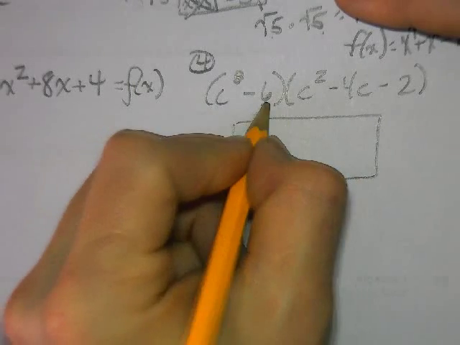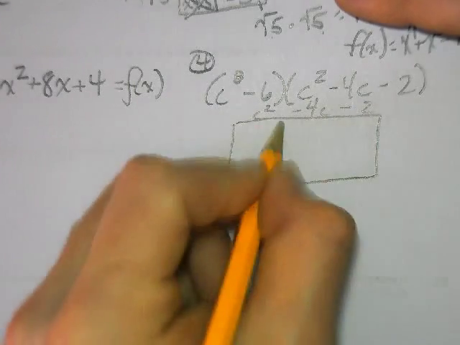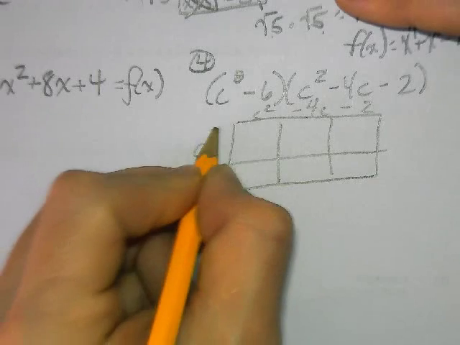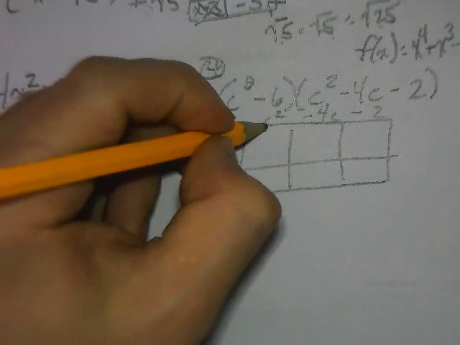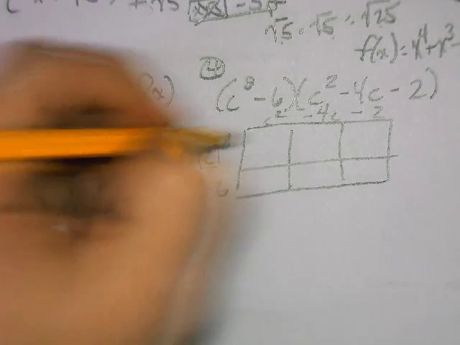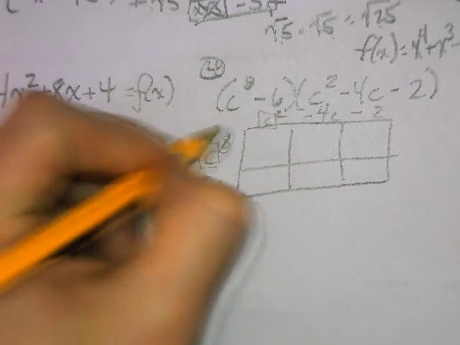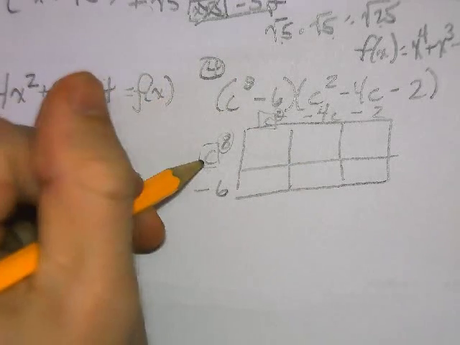Here you're going to want to make sure that if you're multiplying like bases like c and c, you can just add the exponents. So c to the 8 times c squared is going to be c to the 10th power.